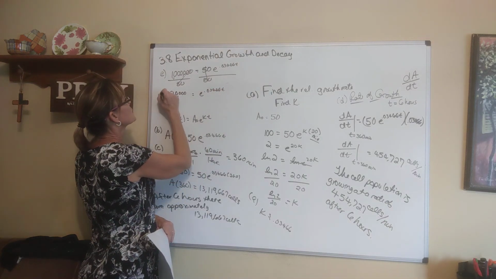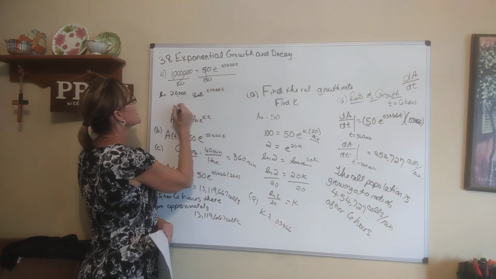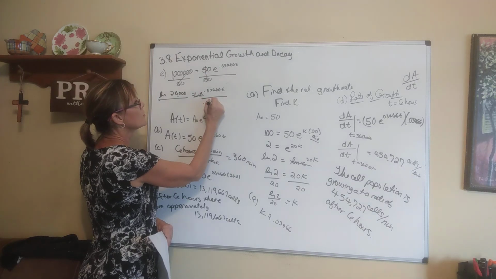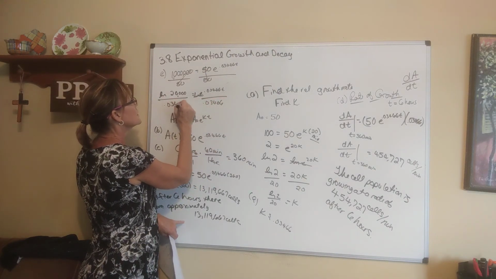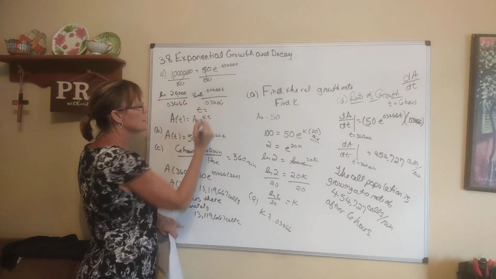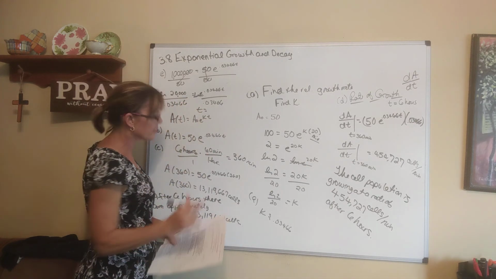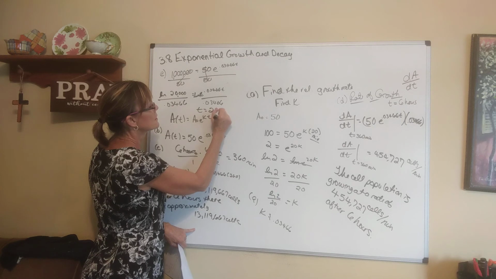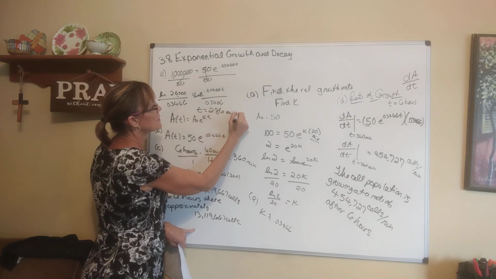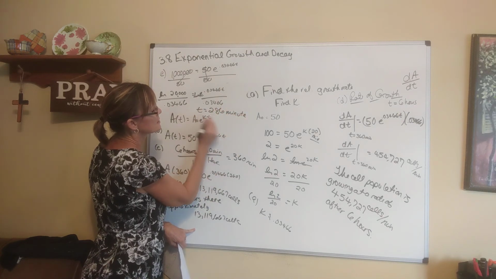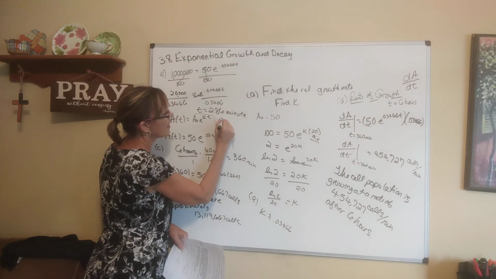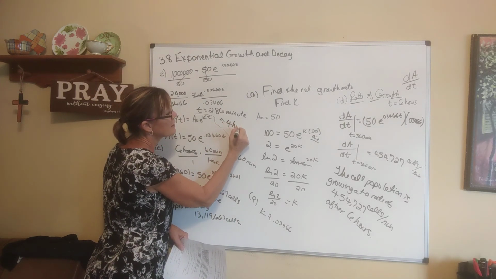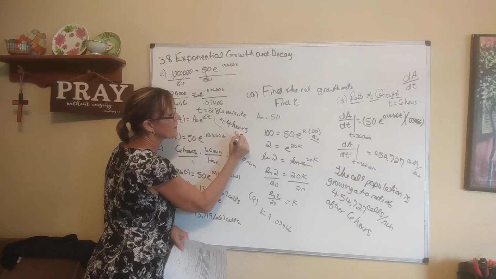And then you take the natural log of both sides, and it undoes that, and then you divide this by 0.03466, and I get that t is equal to 286 minutes. And then I converted this into hours and minutes, and it turned out to be about 4 hours and 45 minutes.